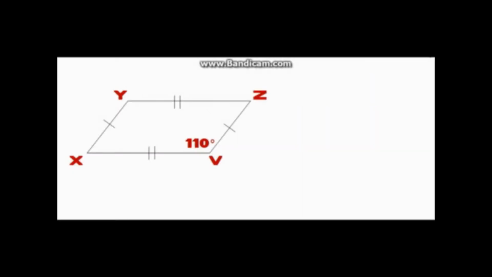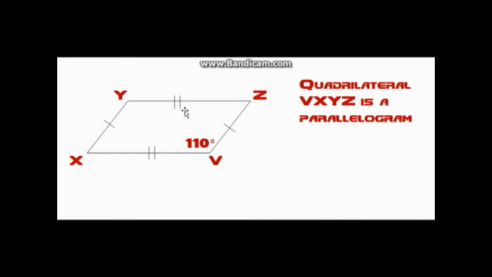Alright, so here we have a quadrilateral, and we know that this quadrilateral is a parallelogram because it has two pairs of congruent sides that are not congruent to each other, like ZV is congruent to YX, but not YZ, and the other way around and everything.